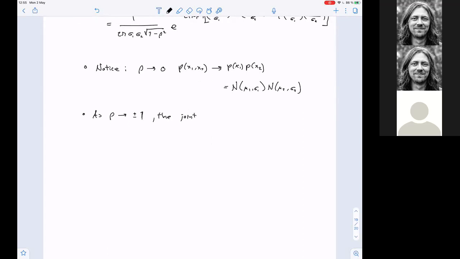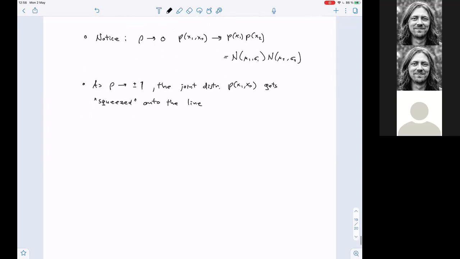So if you take the correlation coefficient to one of its extreme values, the joint distribution P of x1, x2 gets, let's say, squeezed onto a line. So the distribution narrows down and ends on a line through x1, x2 space.